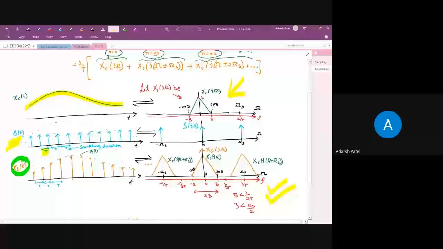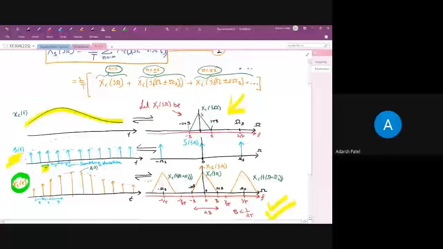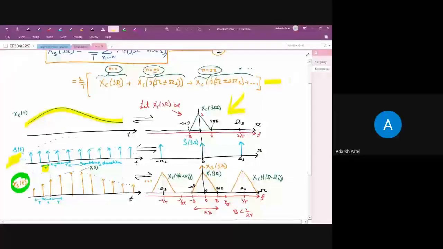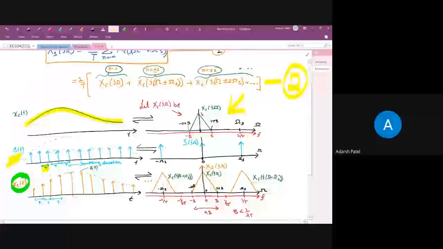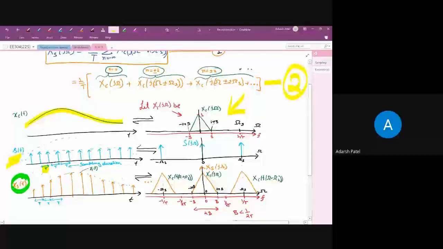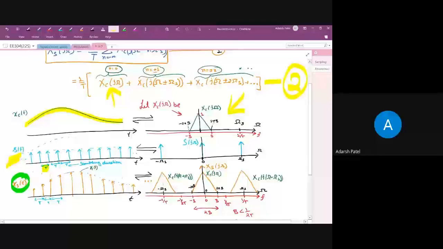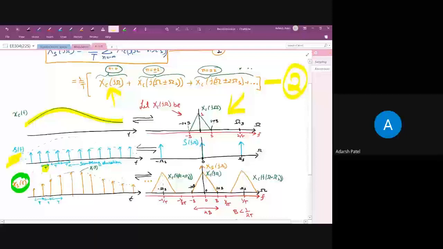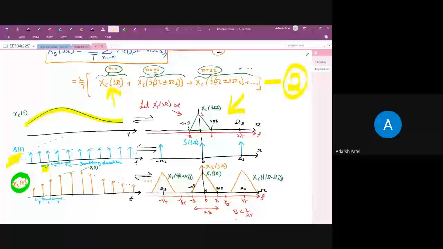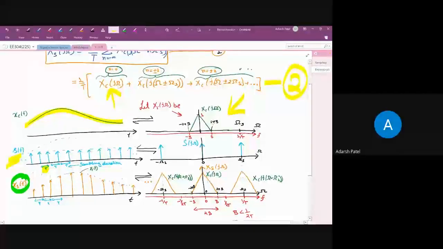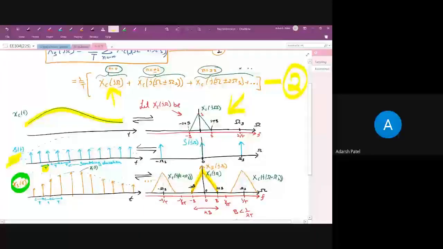We constructed this again using expression 2, and for n equal to 0, this corresponds exactly to X_c(j omega). This was this part of the figure.